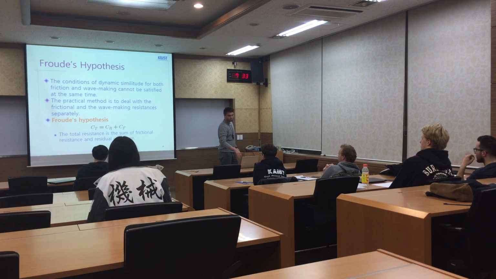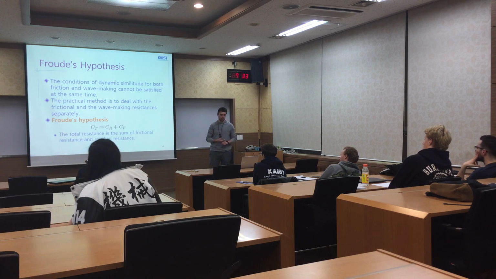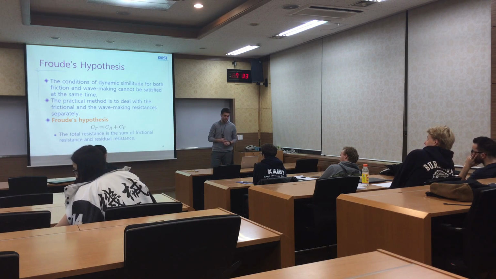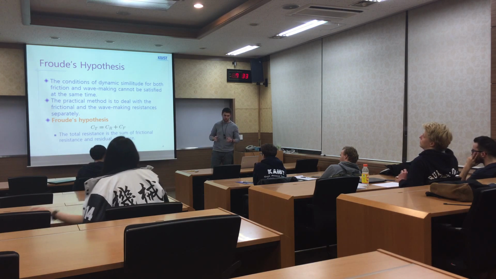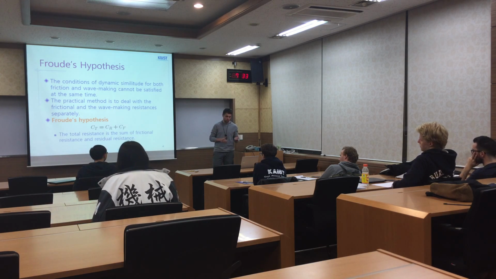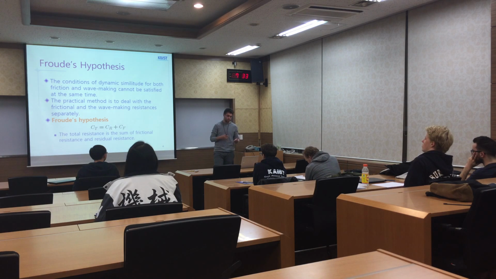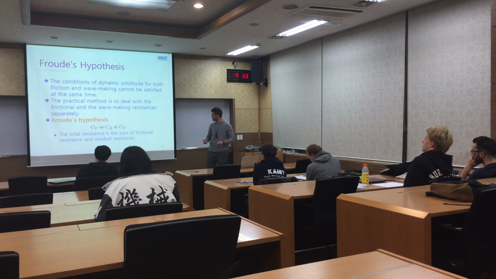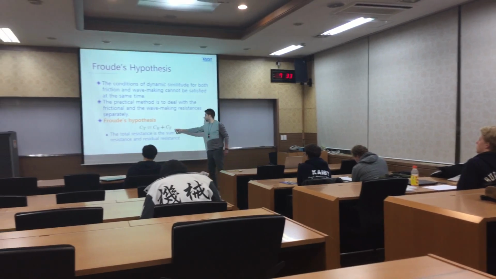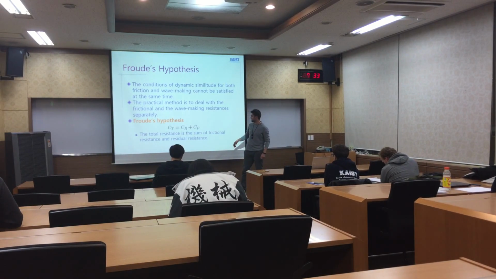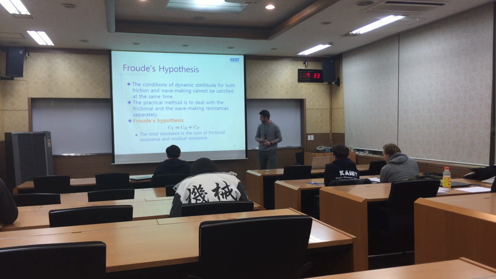So, his hypothesis is that he separates the resistance: the total resistance is the sum of the frictional resistance, CF, and the resistance of the wave making, the residual resistance.